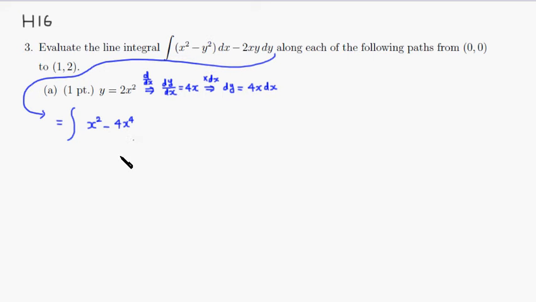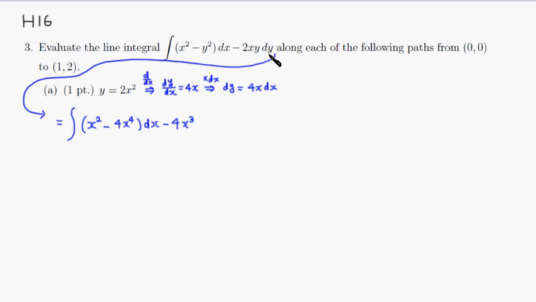That's y squared, and times dx. And also you have 2x times y, so it's going to be negative 2x times 2x squared, so negative 4 because 2 times 2, and x times x squared, so x cubed.